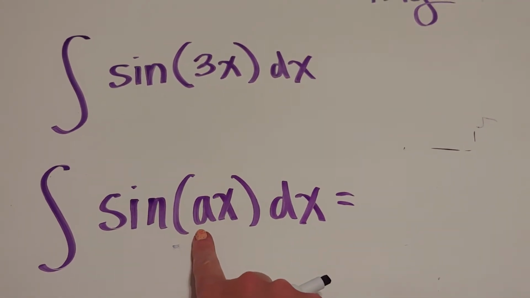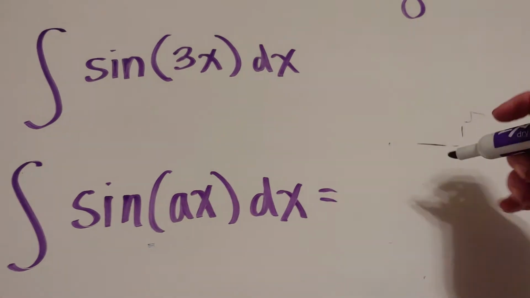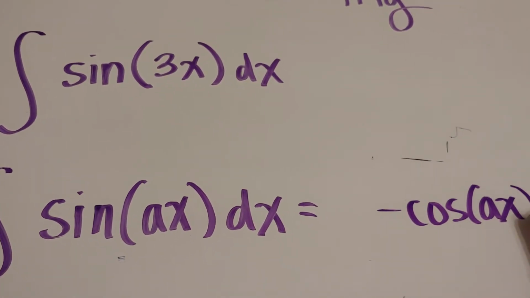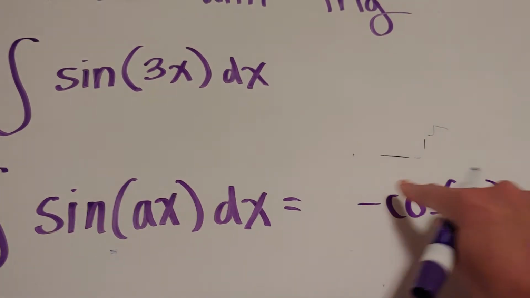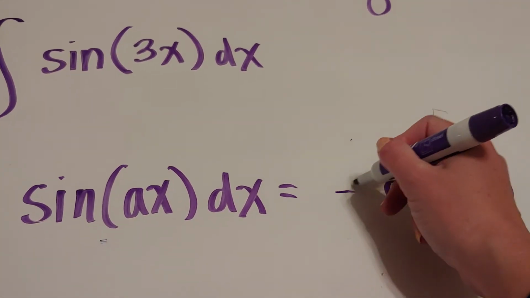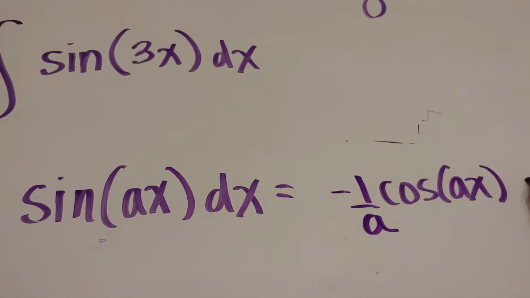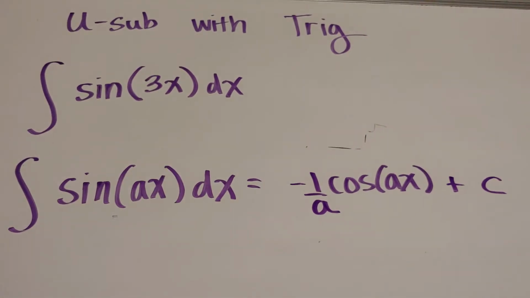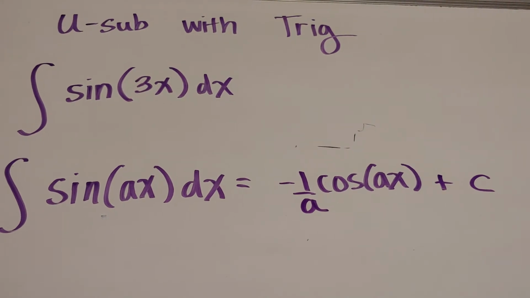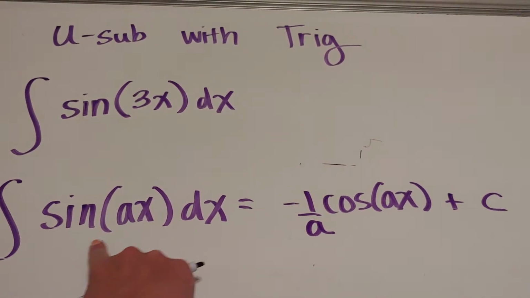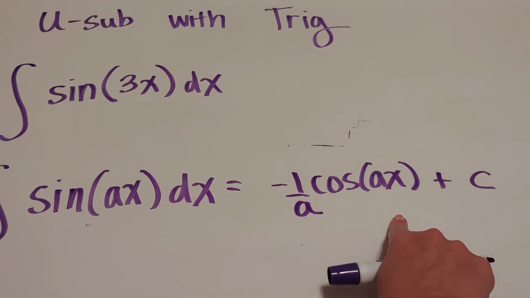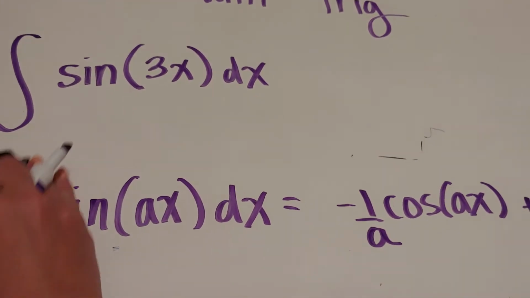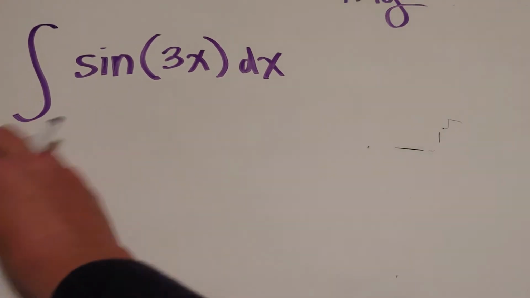The integral of sine is negative cosine, but to get rid of the chain rule of the a, you have to multiply by 1 over a. So I expect this one to equal negative 1/3 cosine 3x plus c. If you have this fact memorized, you get to go straight there. However, if you didn't, you could do what I call a baby u-sub.